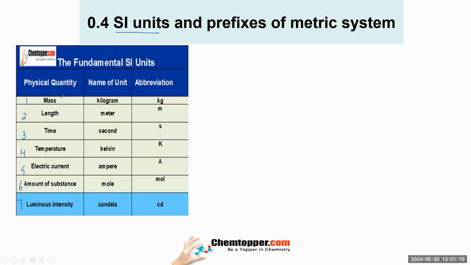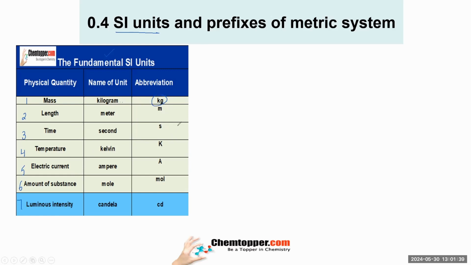Like mass, the unit is kilogram, not gram. Many students take the SI unit of mass as gram. No, it's kilogram, abbreviated as kg. You can see that k is in small letter. So whenever you are talking about mass, it will be represented in kg as the SI unit.